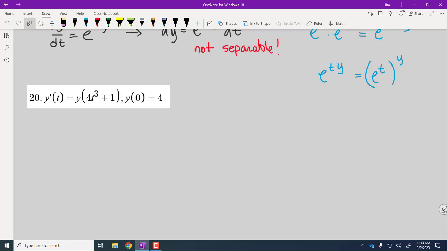Can you bring it down in front? It's going to be multiplied. So if you have C in the exponent position, it ends up being a multiplication.